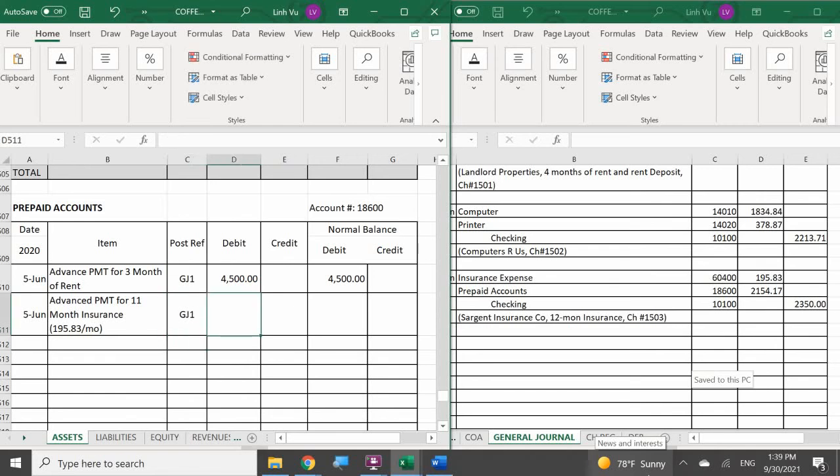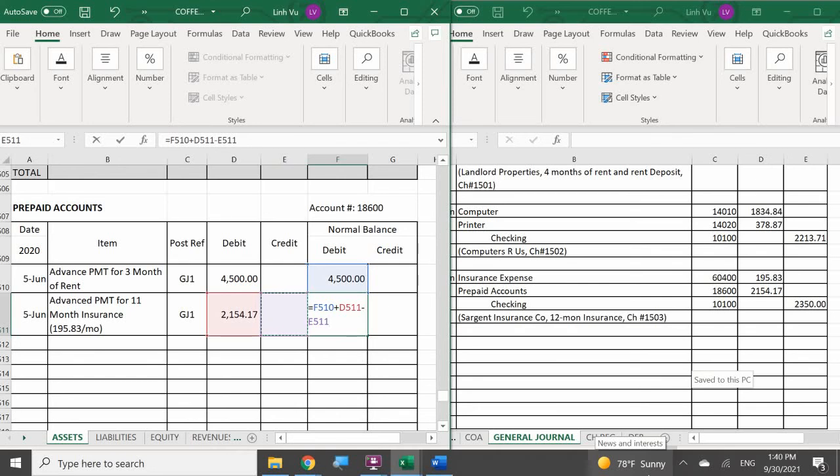Now in this case, how much do I have left remaining? 2,154.17. Okay, so in this case I'm adding to my prepaid accounts. So if I'm adding to my prepaid accounts, how much should I have in my account balance?